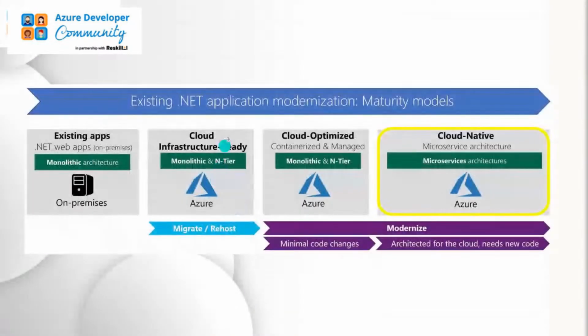Okay, so for existing .NET modern applications, what kind of architecture will we be using? As we saw, in the existing app there is the bare metal OS, but if we go for the cloud, we use some kind of virtual machine with some inbuilt applications.